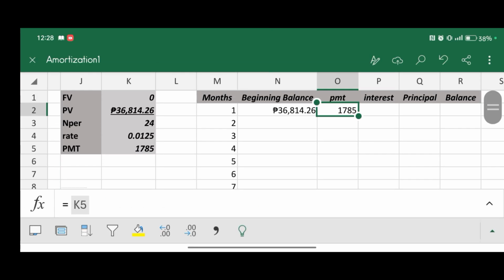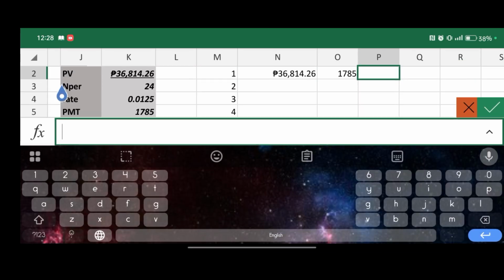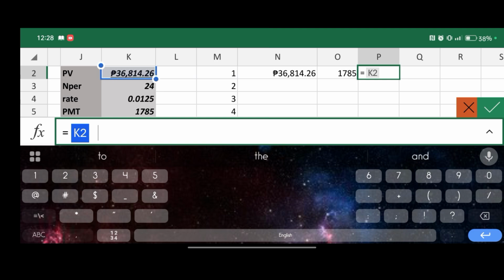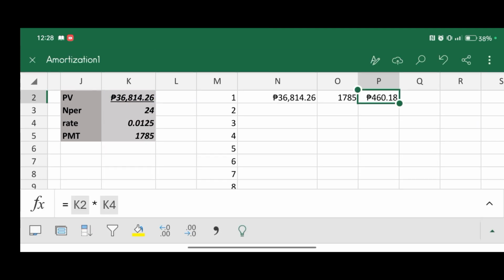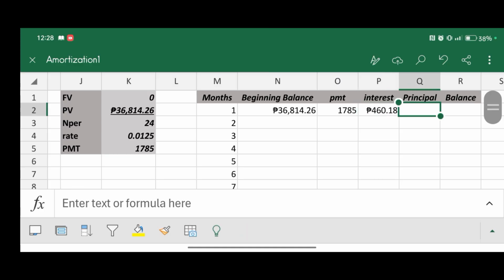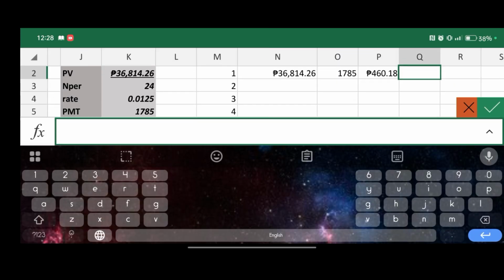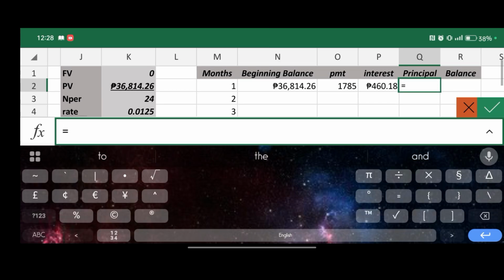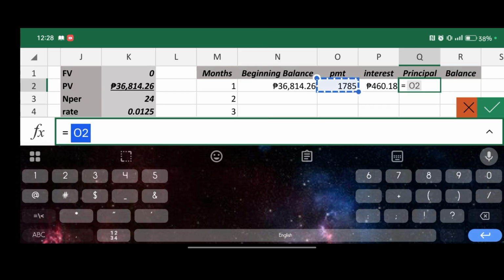For the interest, we get the interest by multiplying the present value with the rate. So that is how we get the interest. And then the principal, we get by subtracting the interest from the PMT. So equal sign, PMT minus the interest.